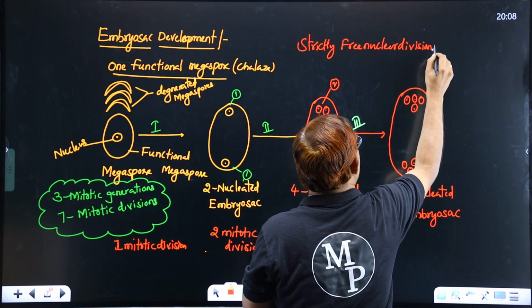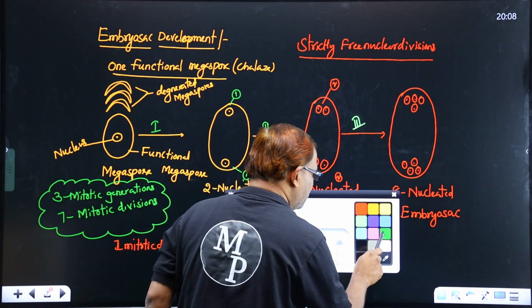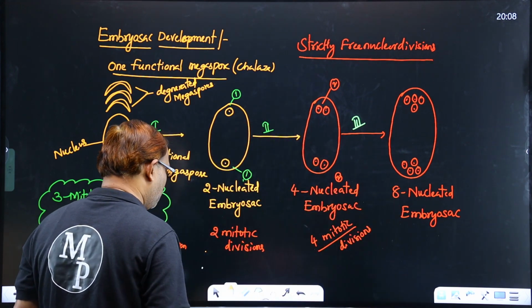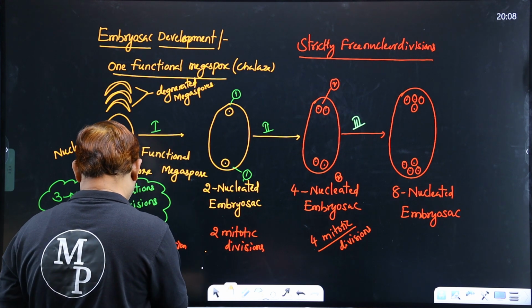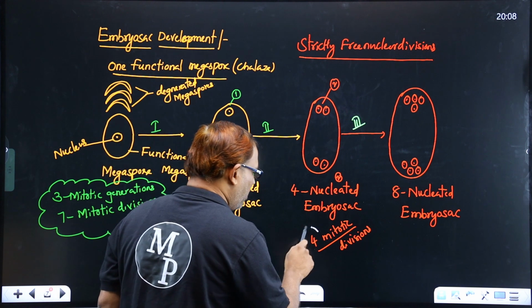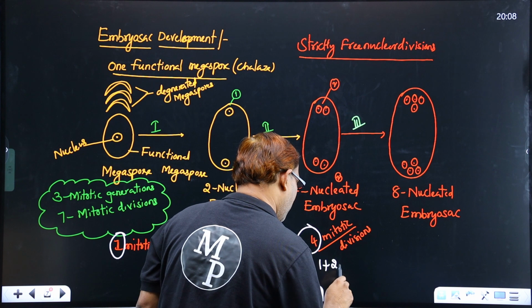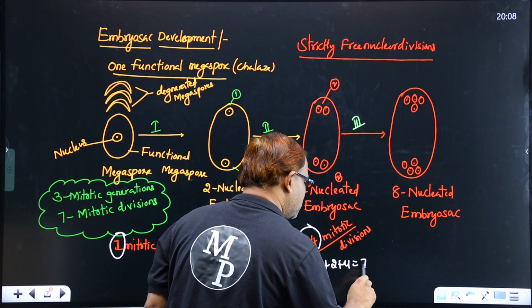Let us count once. Total how many free nuclear divisions are there? Here 1, then here 2, that means 3, and here 4. So 1 plus 2 plus 4 equals 7.